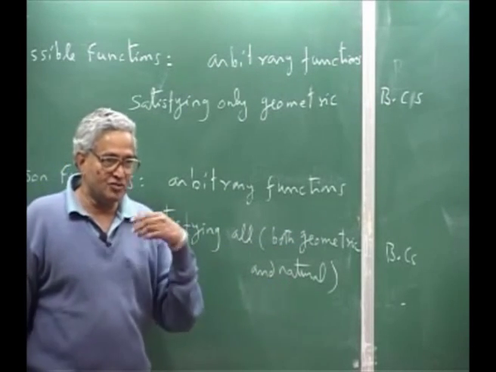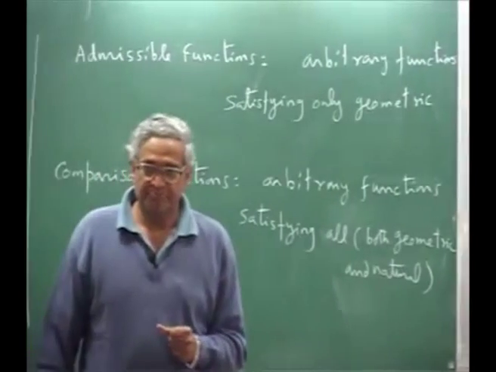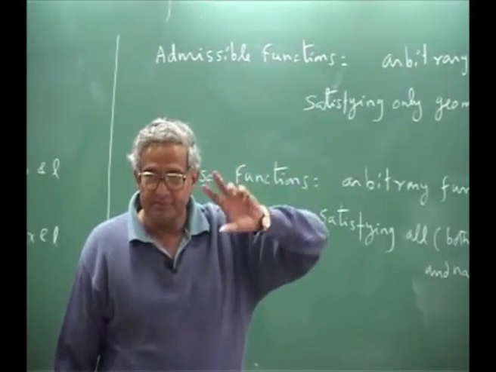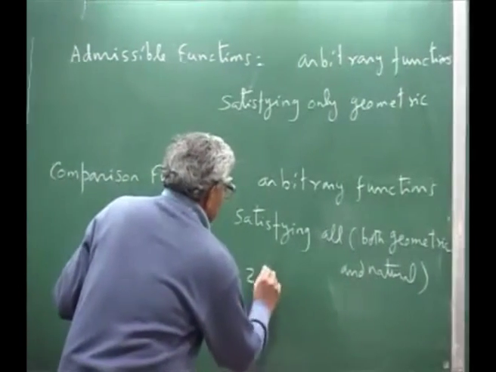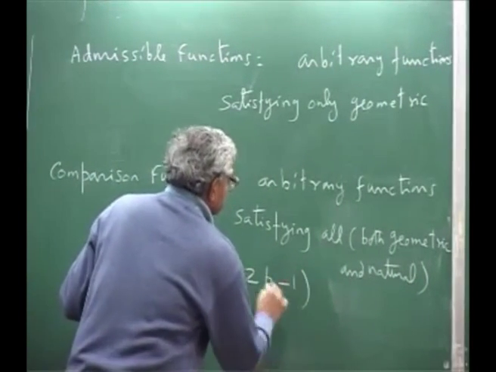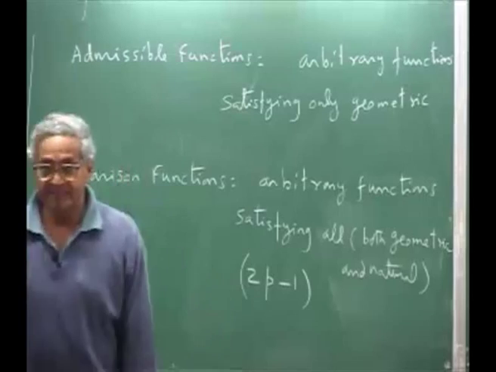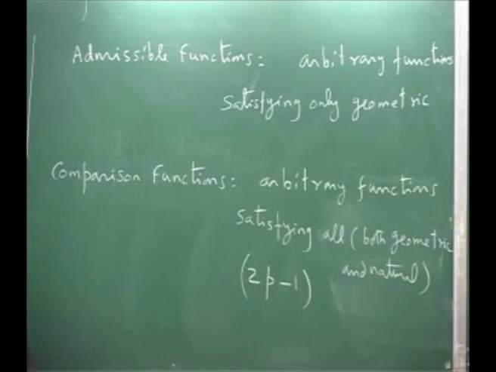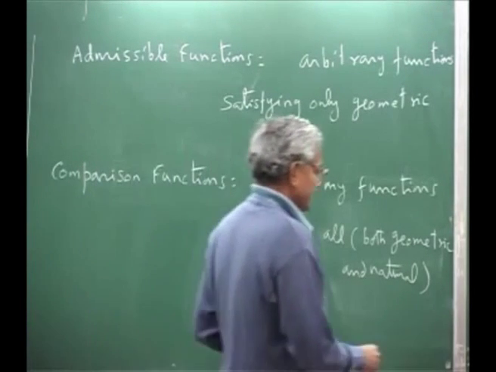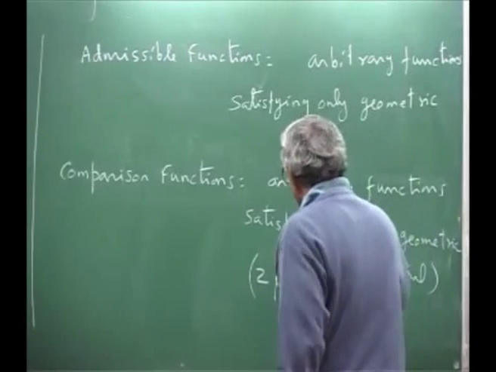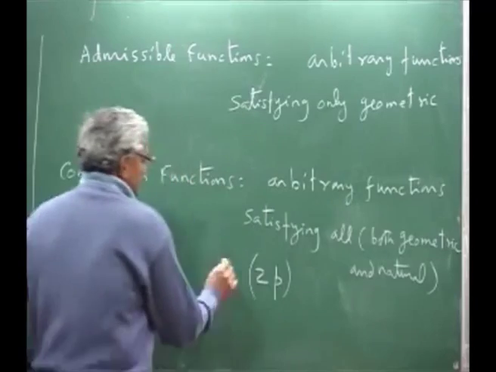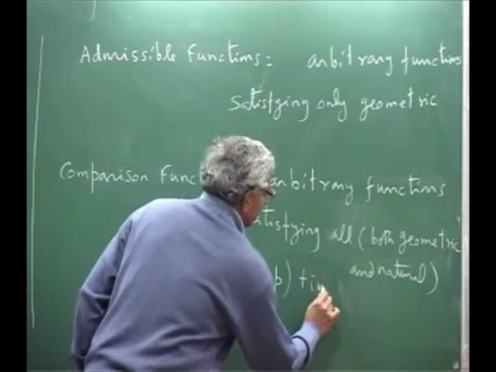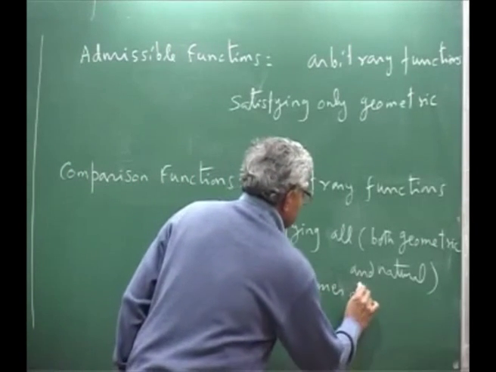We saw that for the natural boundary conditions, the order of derivative will be 2p minus 1. That means they must be, sorry, 2p, not minus 1, because they should be 2p times differentiable. Let us put it that way. 2p times differentiable.